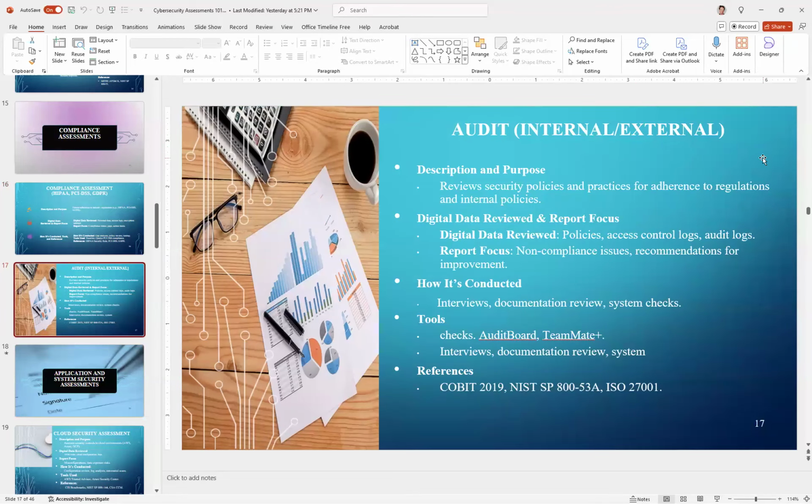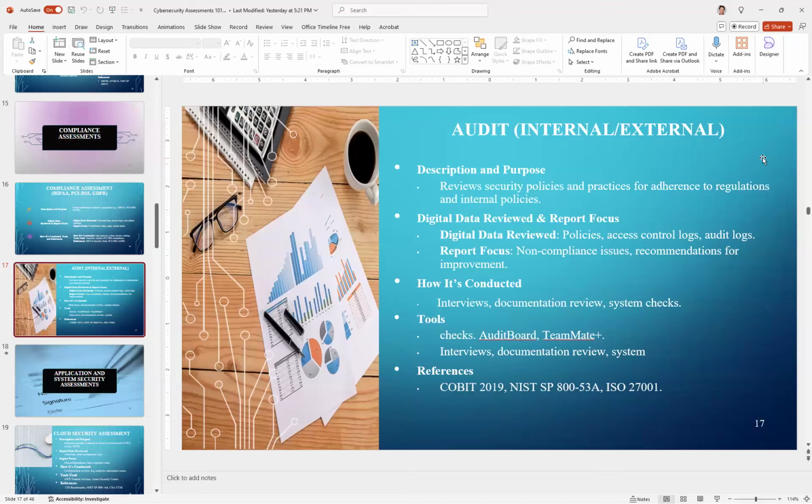Audit, internal and external, and I know I have a lot of auditors with me, so be gentle with me. Description and purpose: reviews all security policies, practices for any adherence to regulations, and any internal policies that have been developed by the infrastructure that you are auditing internally or externally.